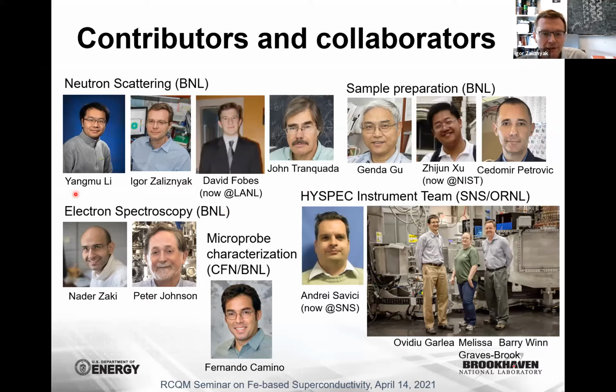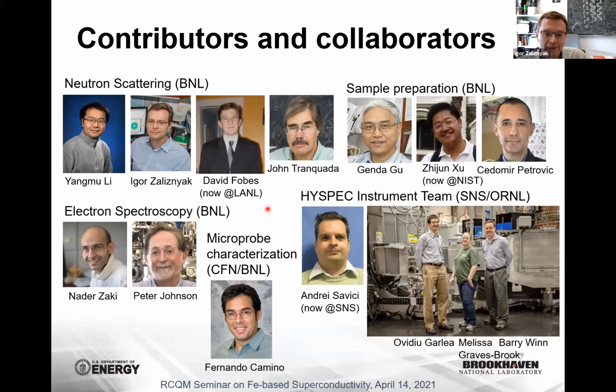So it started as a neutron scattering project where we did neutron scattering studies in collaboration with different members of our neutron scattering group, with excellent support from the HYSPEC instrument team at Oak Ridge National Lab. The samples were made in our neutron scattering group by Genda, Chedamir, and Jijunju. As our work progressed, we realized that we needed to comprehensively characterize our samples microscopically, or small pieces of our neutron samples.